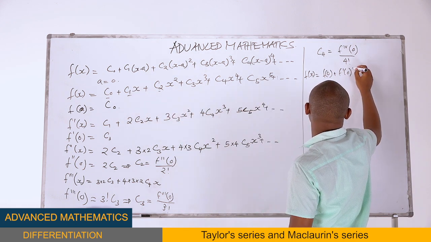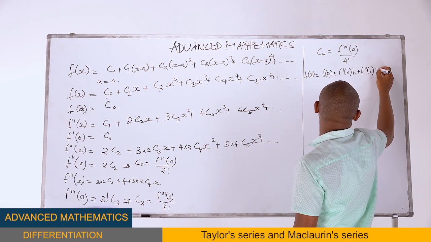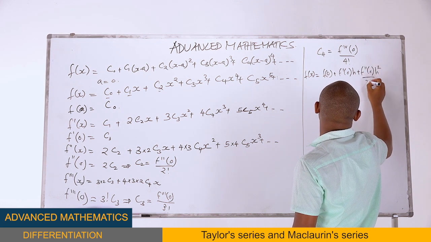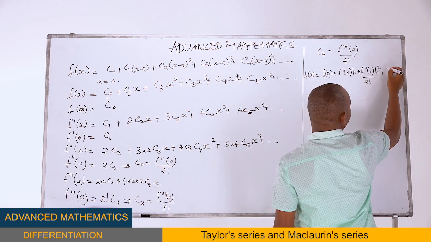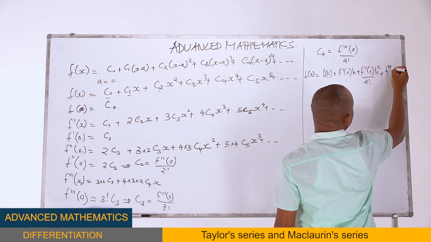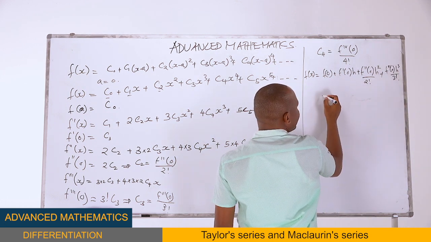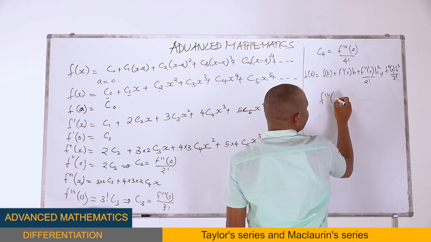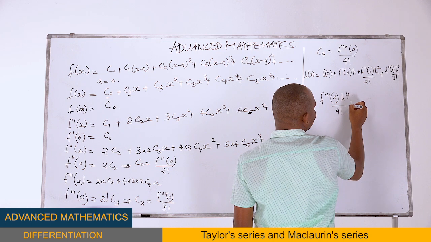That means we have f of 0 plus f dash of 0 times h, plus f dash dash of 0 h square over 2 factorial, plus f dash dash dash of 0 h raised to 3 over 3 factorial, then f raised to 4 of 0 h raised to 4 over 4 factorial.